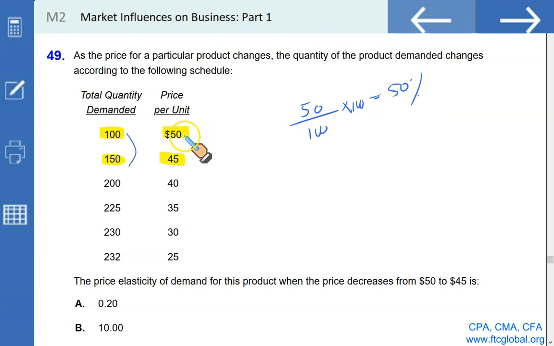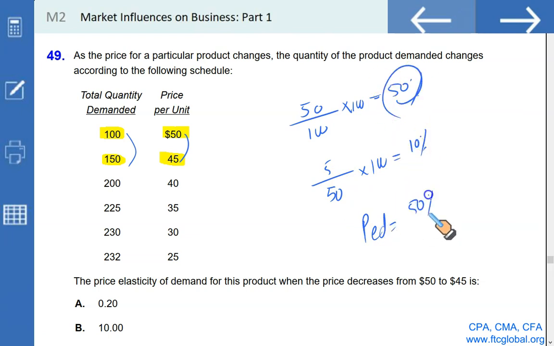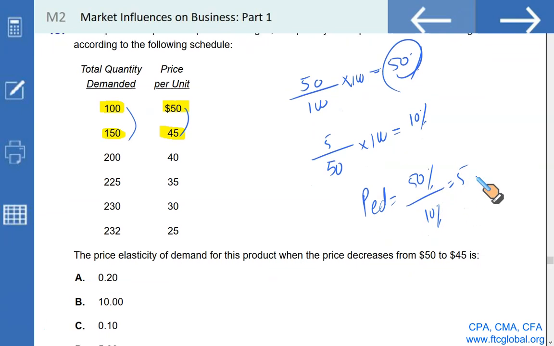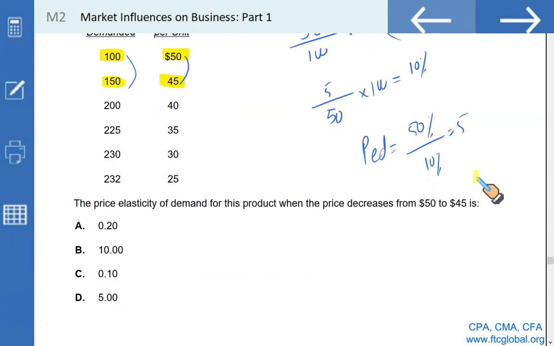And the percentage change in price is 5 upon 50 times 100, so that's going to be 10%. So the price elasticity of demand is percentage change in quantity demanded upon percentage change in price. That is 5. It's quite a high number. So that would make D the correct option.